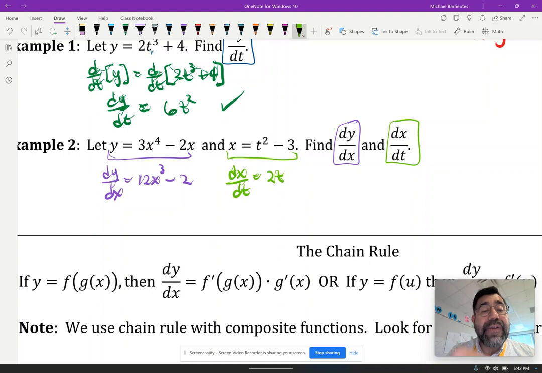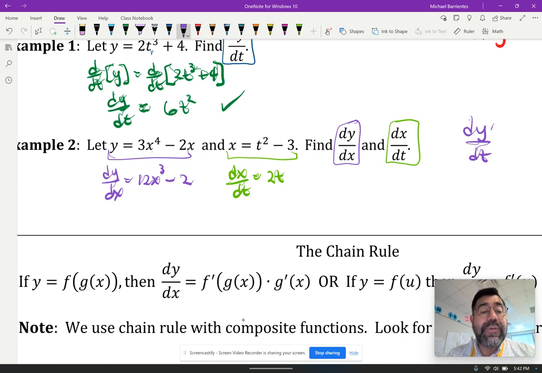So then how does this play into the idea of a composition? Well, what if I asked you to find dy dt? Now I'm looking for you to find the derivative of the y equation, but in terms of my variable, which is t. Well, that's not this purple formula, because this purple formula only has y's and x's. And it's not this green formula, because it only has x's and t's.